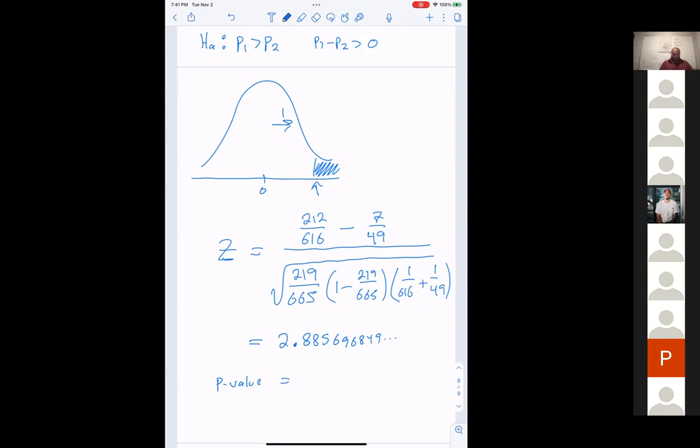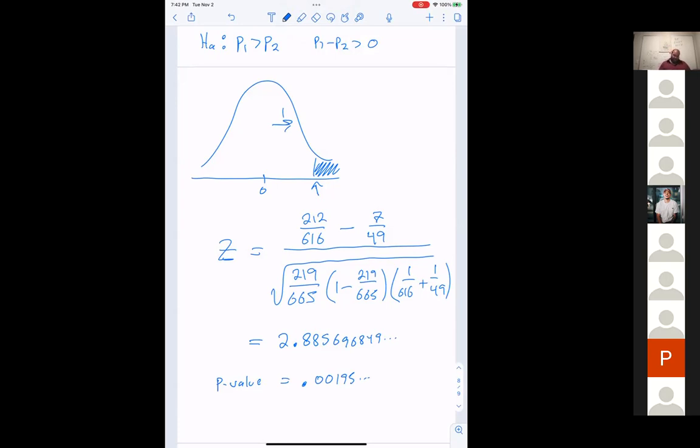I know what mine gave me. What does yours give you? 0.00195. Is that a likely event or an unlikely event? Unlikely.